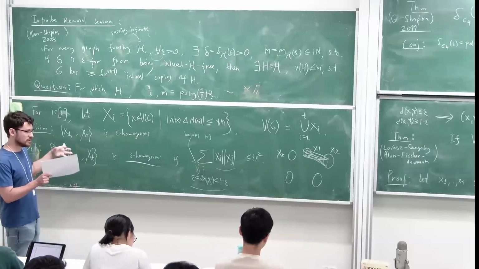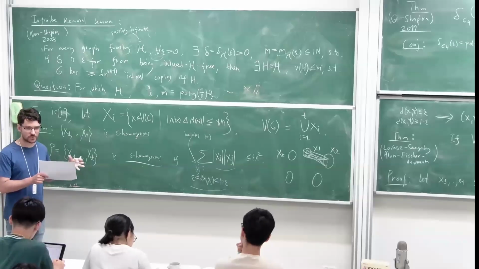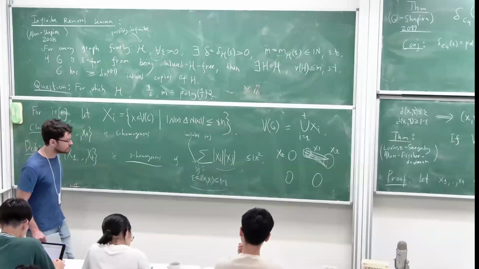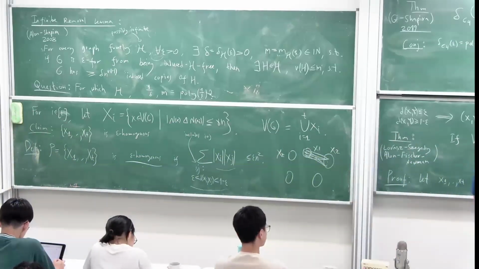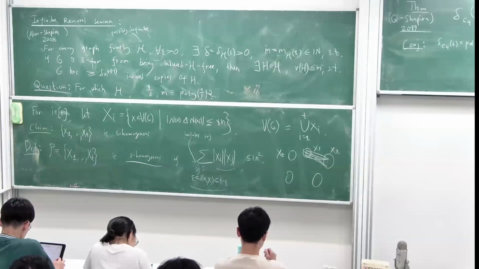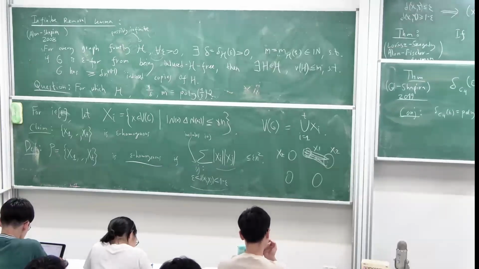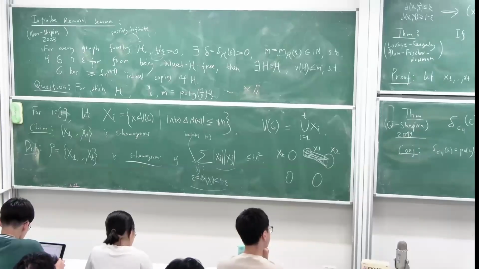So we want to say that this part is homogeneous with itself. So the density of this part is close to 0 or 1. Okay. So let's prove that this partition is indeed homogeneous according to this definition.